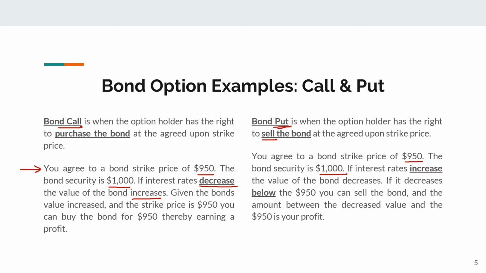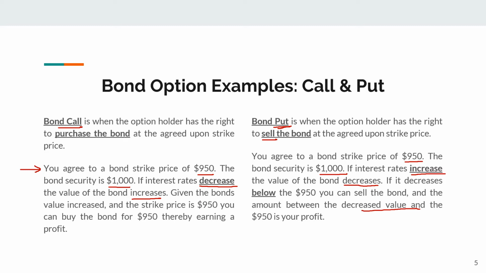Now let's say that interest rates increase and the value of the bond therefore decreases. If it decreases below the $950, you can sell the bond for $950, and the amount between the decreased value and your $950 is your amount earned.